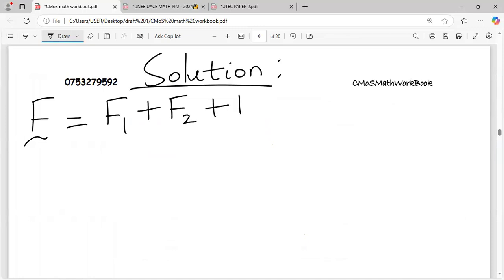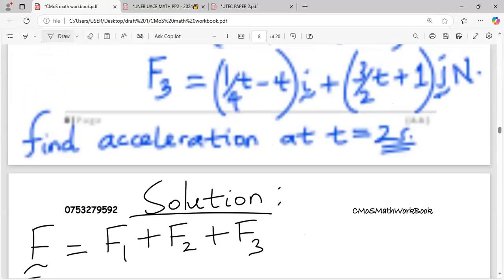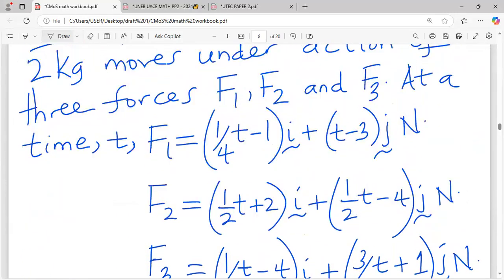According to this question, we need a single force. Don't ask yourself why we are adding them. We need a single force to get acceleration. So force 1, you look at force 1. It is a quarter t minus 1. A quarter is 0.25.